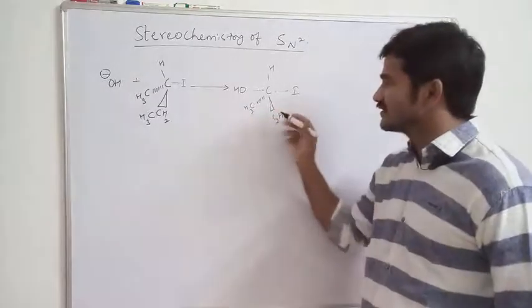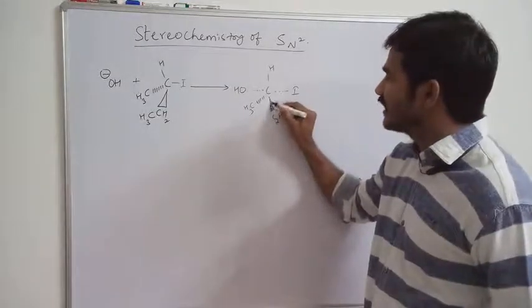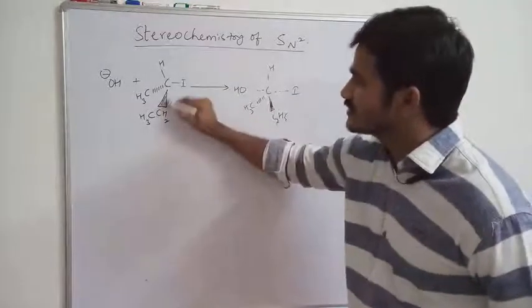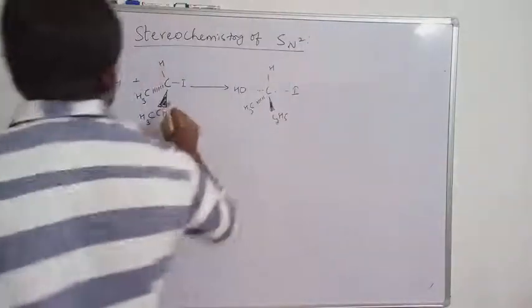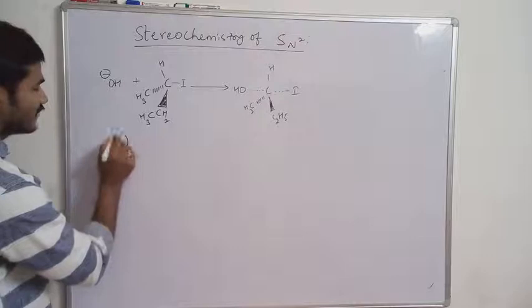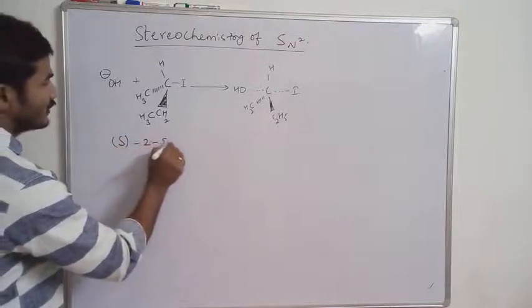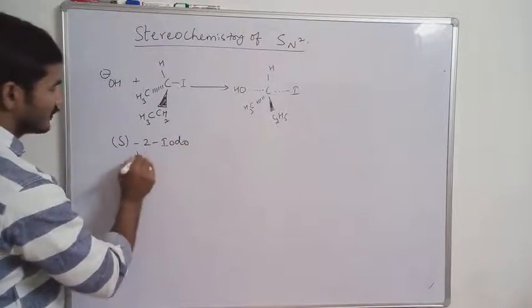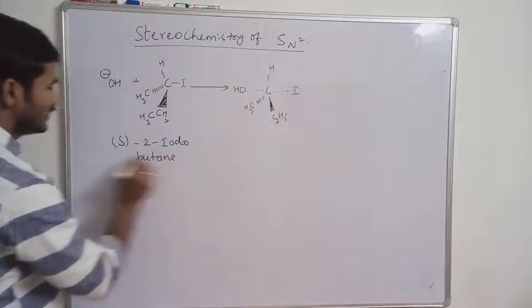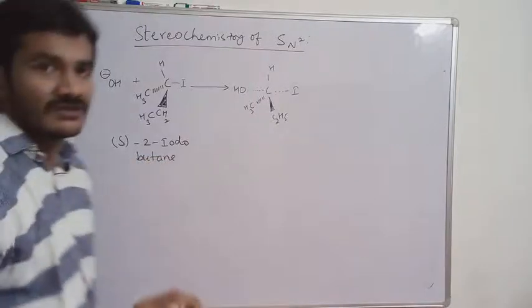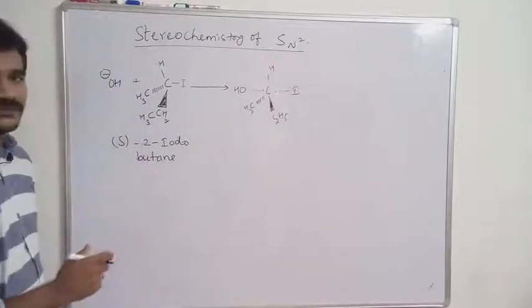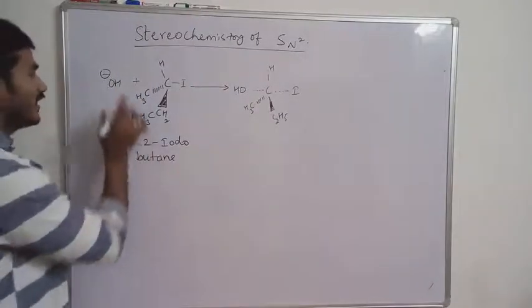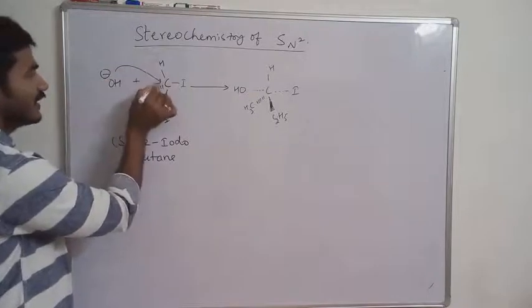The thick line indicates the bond is towards the observer. This molecule is S configuration 2-iodobutane. On reaction with a nucleophile, it always attacks from the back side.